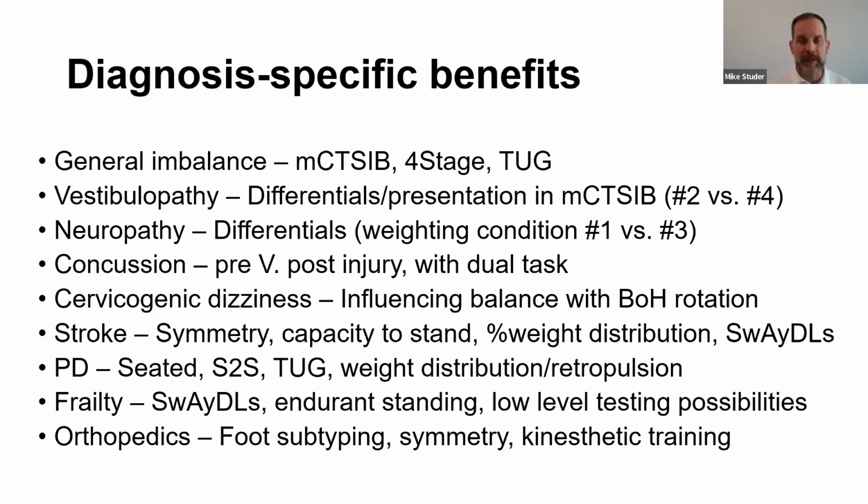How about vestibulopathy? Well, how about your capacity to not just say, you look like you didn't sway as much as last time. And I can look at the differentials in a presentation with a CAT-SIB in condition number 2, stand still, eyes closed, firm surface, and condition number 4, stand still, eyes closed, cushion surface. What am I getting with that? Well, we removed the eyes out of both of those, and we systematically took some of the somatosensory capacities, that mode of sensation, away from you in condition 4.